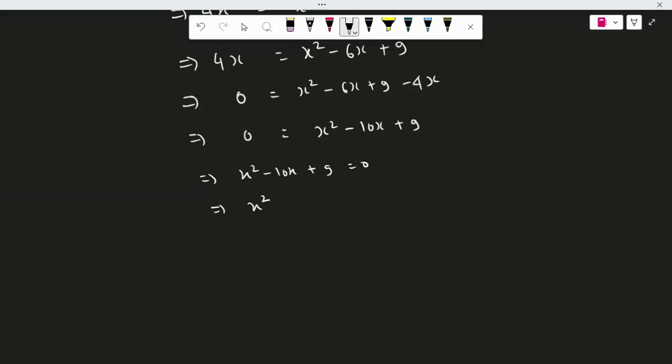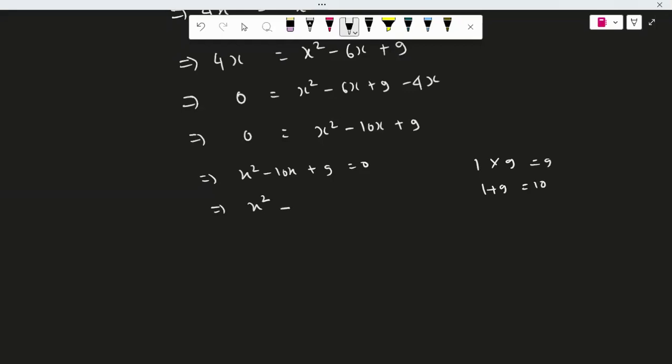Now we have to do middle term splitting. In the very beginning, we studied about middle term splitting. What we do, we take the product of the coefficient of x square and the constant term. So the coefficient of x square is 1 and the constant term is 9. So 1 into 9 is 9. And if we add 1 and 9, we get 10, the middle term.